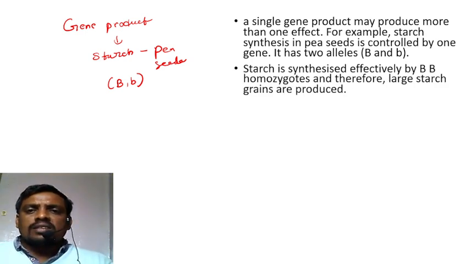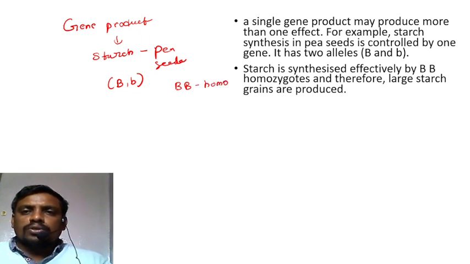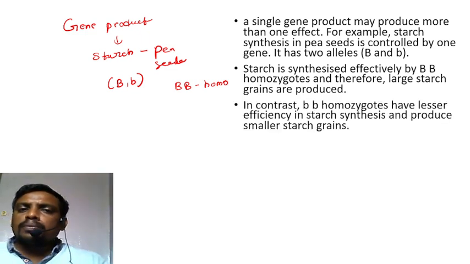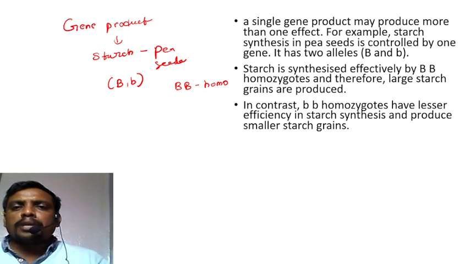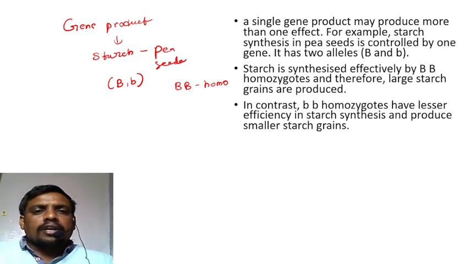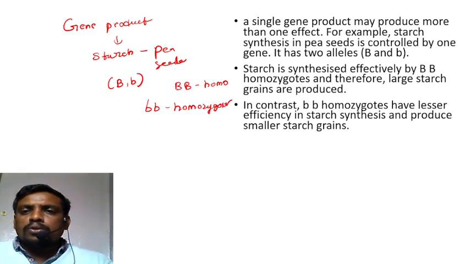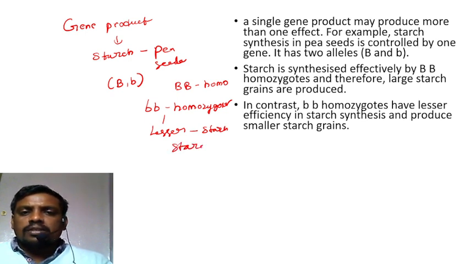Starch is synthesized effectively by capital B homozygotes. Large sized starch grains are produced by the capital B genotype homozygotes. In contrast, small b homozygotes have lesser efficiency in starch synthesis and produce small starch grains.